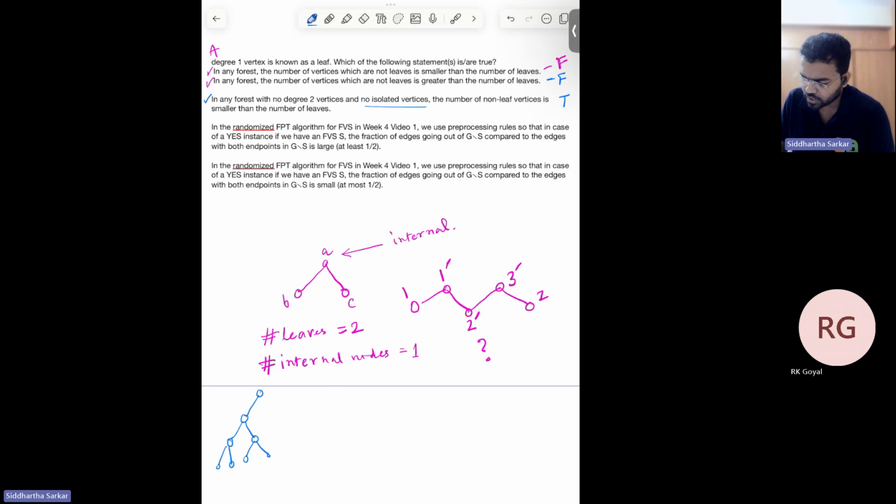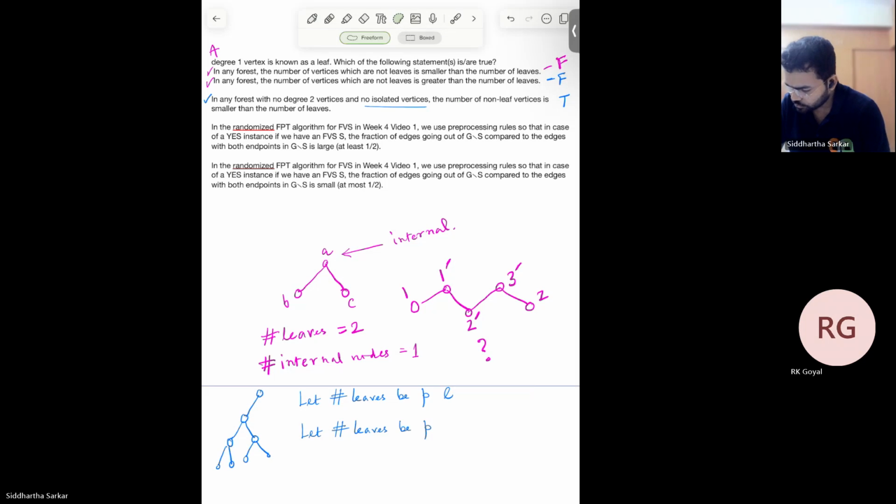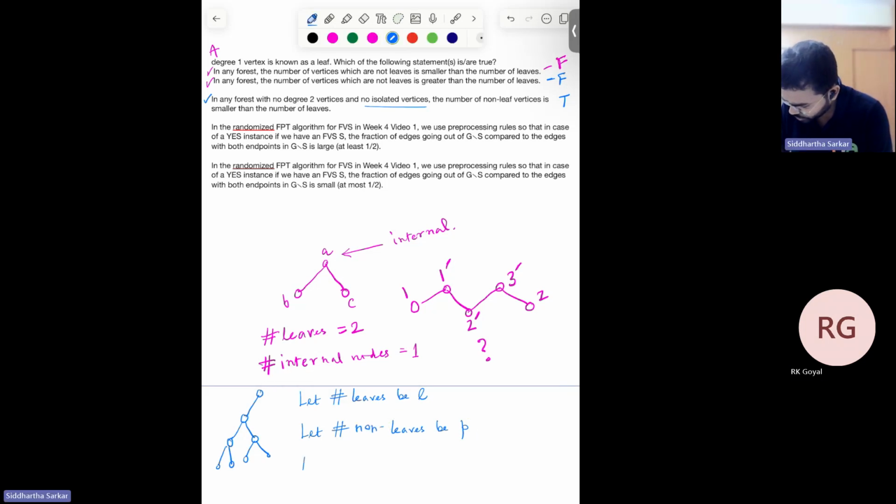Suppose that the number of leaves be L in the forest, and the number of non-leaves be P. Then what can you say about the number of edges in this forest? So how many edges?